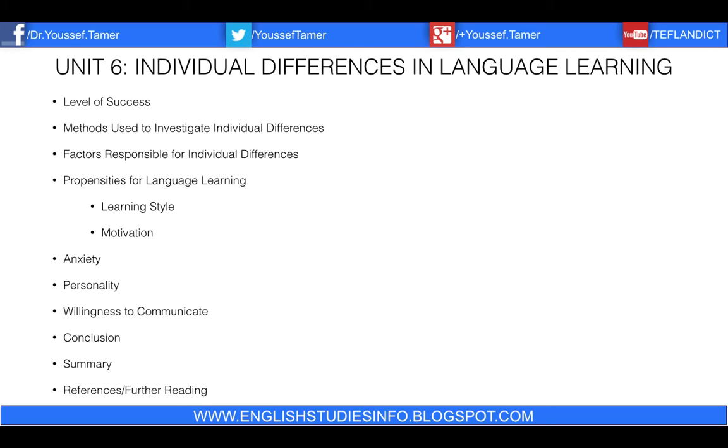So you need to know these differences. So these are the things we are going to cover in this unit, which is called individual differences in language learning. And as I told you, much of what you have heard so far is covered somehow in your educational psychology course, because that's part of educational psychology.